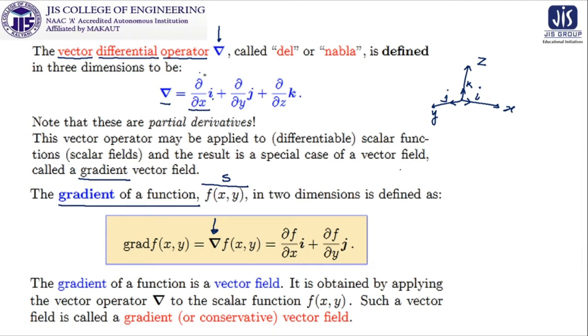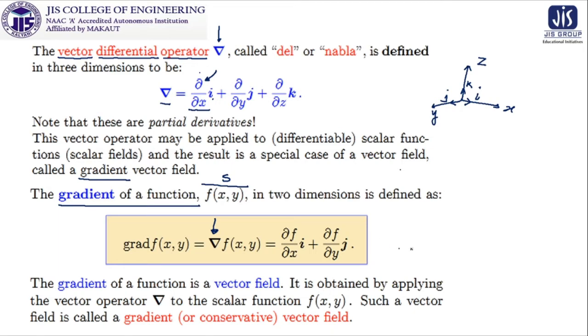Look at this, the question we raised here was, this del x is operated on whom. Now the answer is given: this del x is operated on f. Similarly del y will be operated on f, and the resulting expression is associated with i, and here with j. So if there are three terms, that means three dimensions, then it will be del f by del z with k.